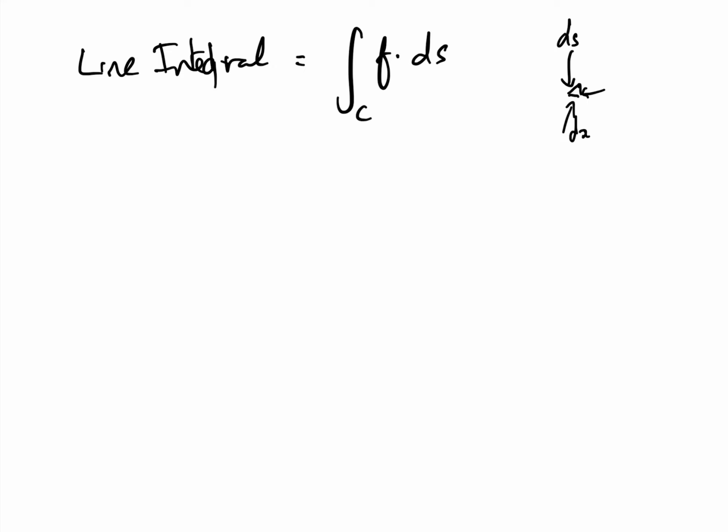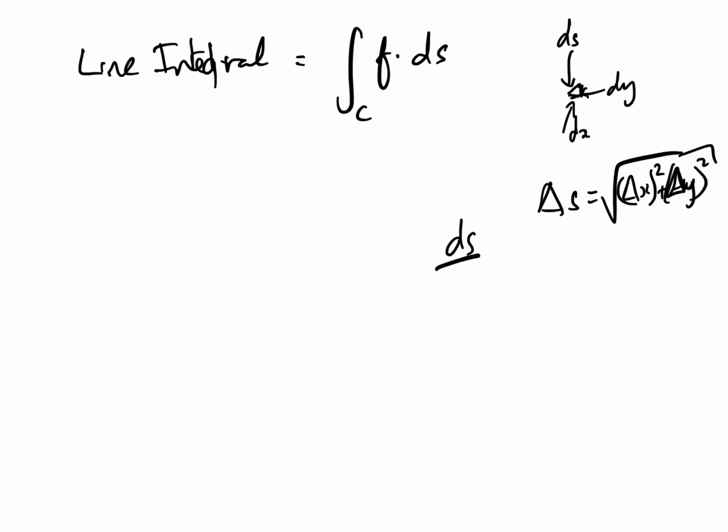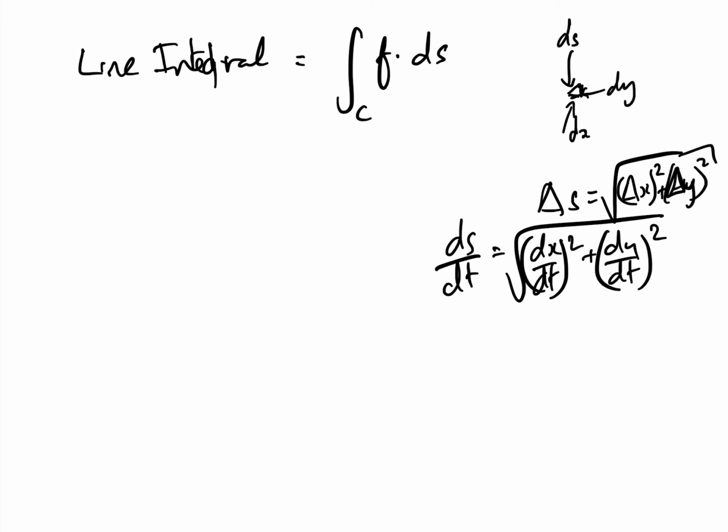So dx here is in the x direction, dy is in the y direction, and then by Pythagoras we have that delta s equals the square root of delta x squared add delta y squared, which also gives us that ds/dt equals the square root of (dx/dt) squared add (dy/dt) squared, which we're going to use in a minute.